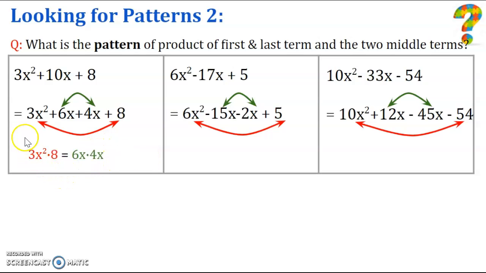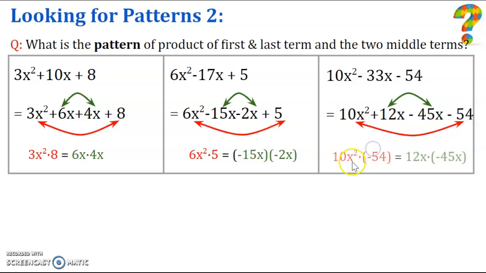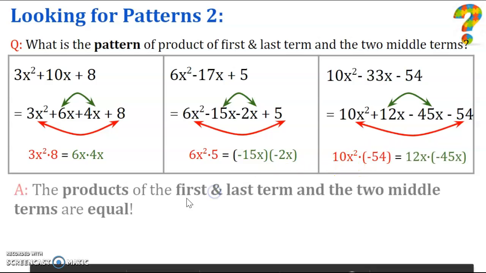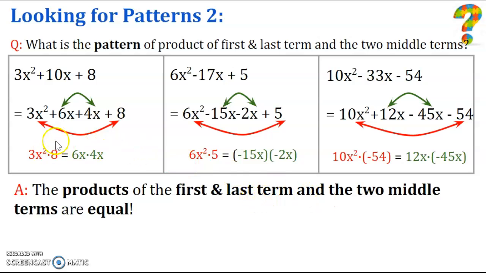Well, hopefully you're finding that 3x squared times 8 is going to be 24x squared. 6x times 4x is also 24x squared. They are exactly the same. Same thing here. 6x squared times 5 is 30x squared. Negative 15x times negative 2x is going to be 30x squared. And likewise here. So the answer is the product of the first and last term and the middle two terms.